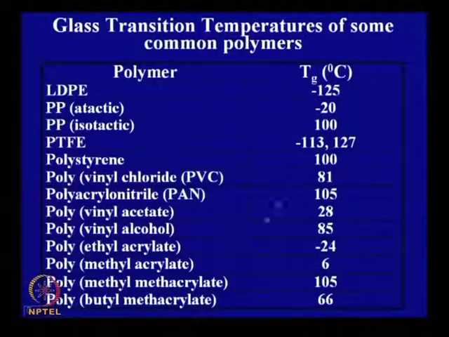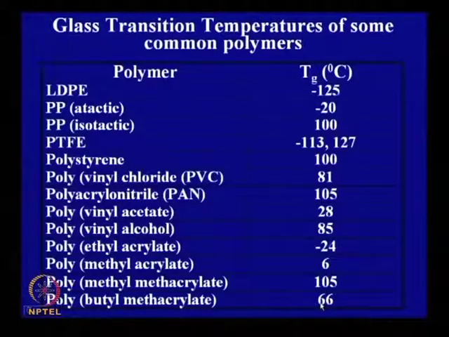Now, if you look into other polymers like PVC, polyacrylonitrile, compare these polymers, that means the substituent at the carbon atom: chlorine, nitrile group, CN group, acetate group, alcohol group, acrylate group, ester group, again another substitution methyl acrylate, methyl and acrylate group, methyl and methacrylate group, butyl methacrylate group. You see the variation, you can easily correlate.